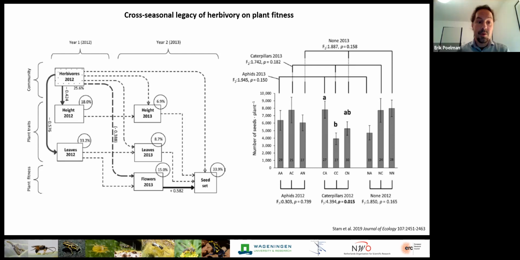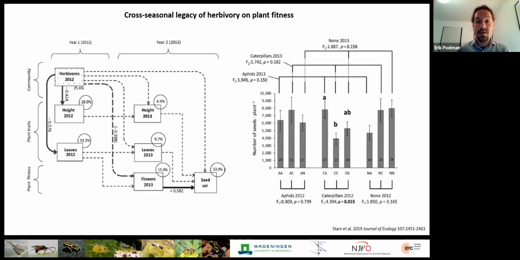We were looking at a perennial plant, a wild brassica accession that we used, Brassica oleracea, and we induced these plants in year 1 when they were still vegetative. These plants were induced by either leaf chewing or sap feeding herbivores, and we left plants unchallenged.